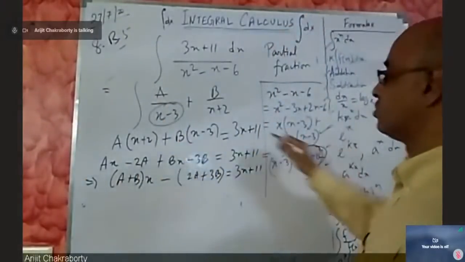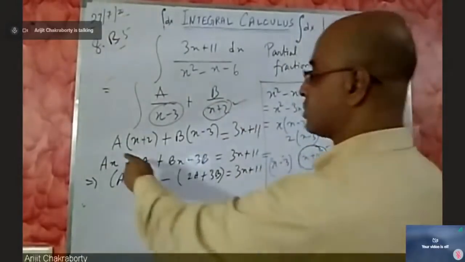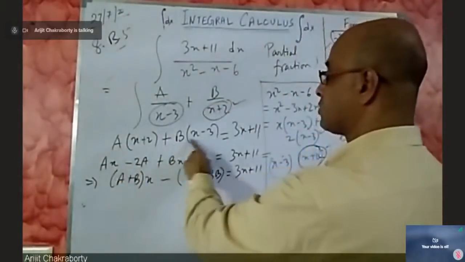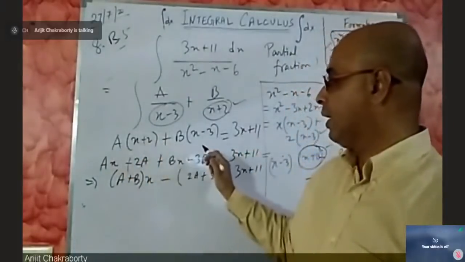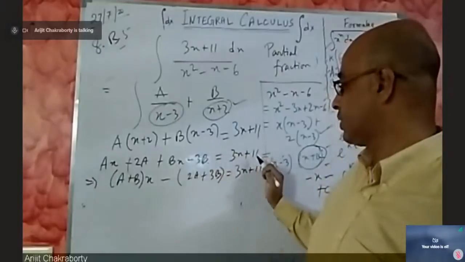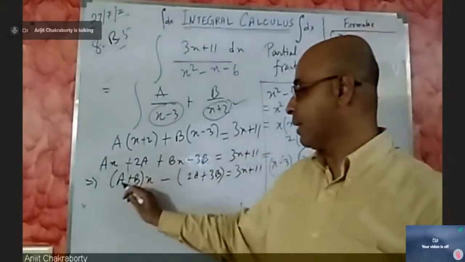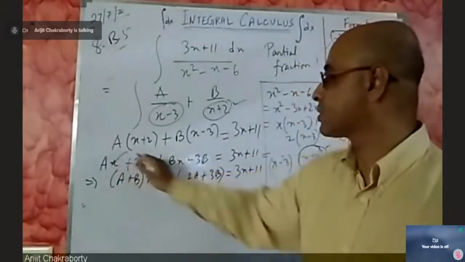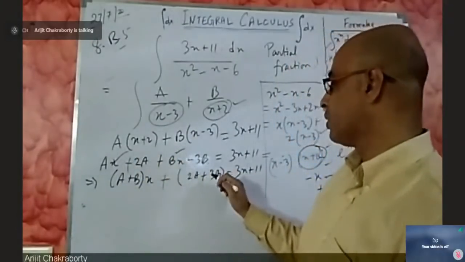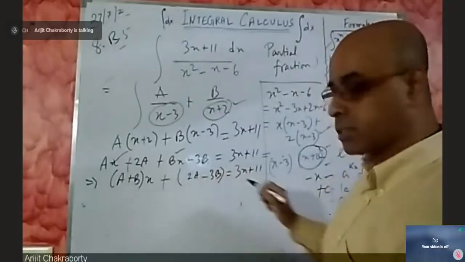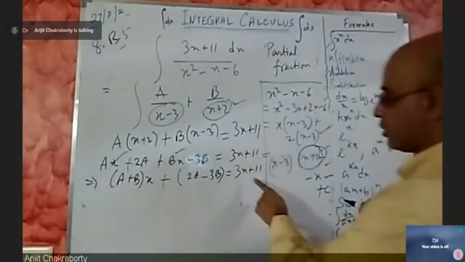So we are getting a into x plus 2 plus b into x minus 3 is 3x plus 11. That means ax plus 2a plus bx minus 3b is 3x plus 11, which means a plus b into x plus 2a minus 3b is equal to 11.